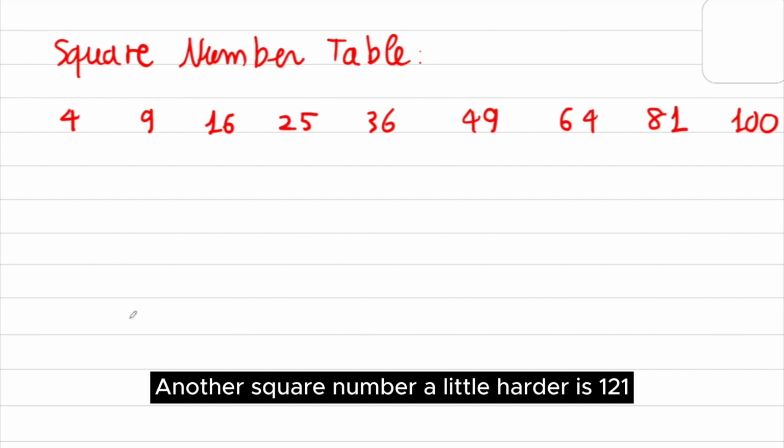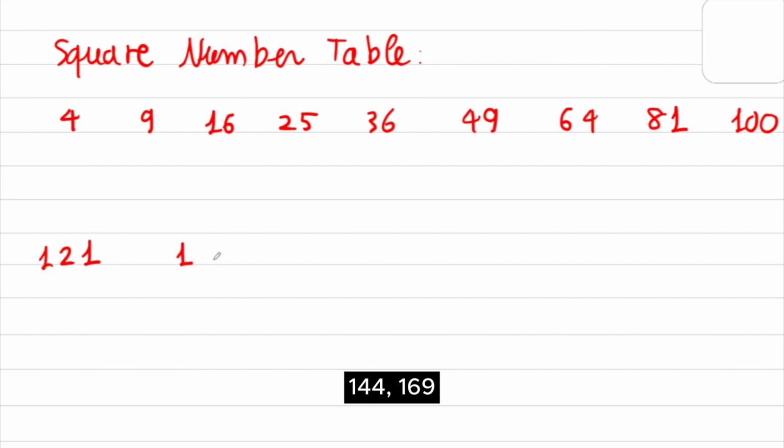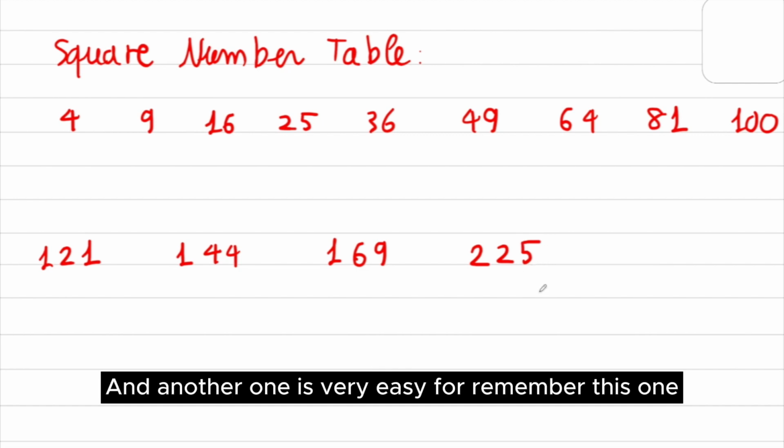Some square numbers that are a little harder are 121, 144, 169, 225, and another one is very easy to remember.